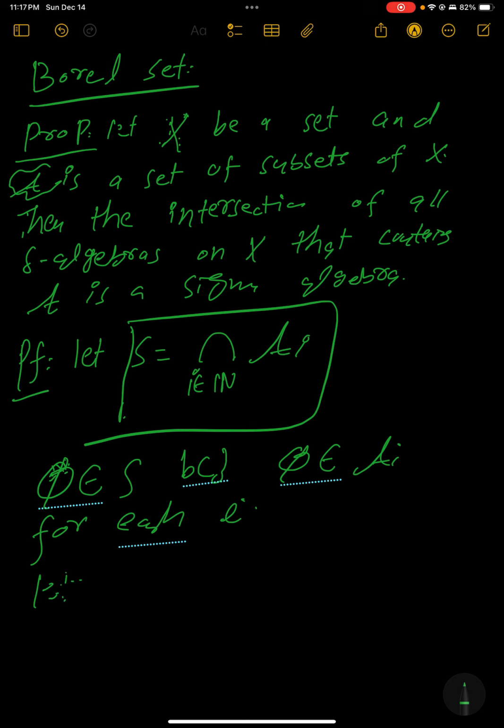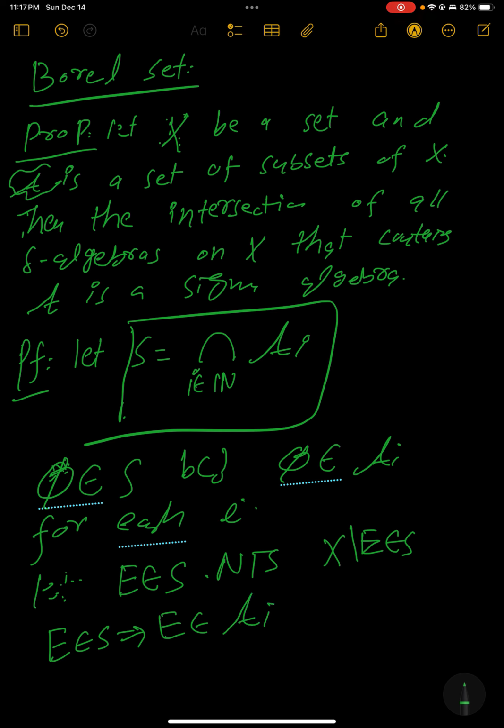Okay, and then the second property is also very obvious. Let E belong to S. We need to show that the complement will also be in S. If E belongs to S, this means that E belongs to A_i for each i. Now each A_i is a sigma algebra.